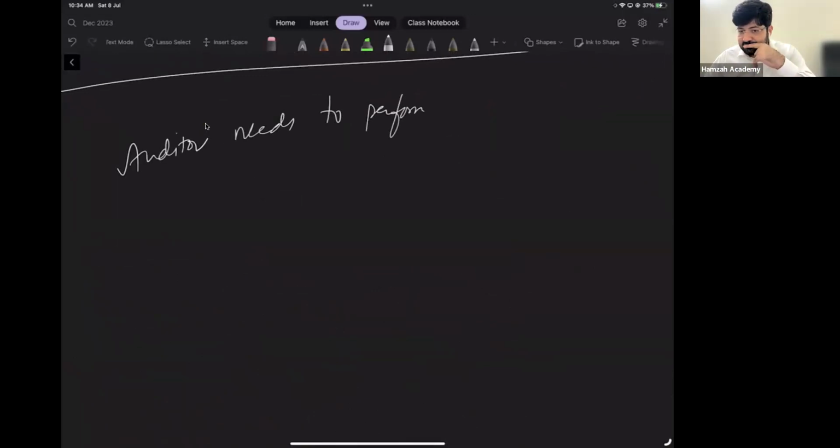Material amount. Remember, we have to study materiality. Here is just a small introduction. We have to study it in chapter 10 in detail. There will be a 30-40 minute lecture on materiality itself. I will tell you how materiality is decided.